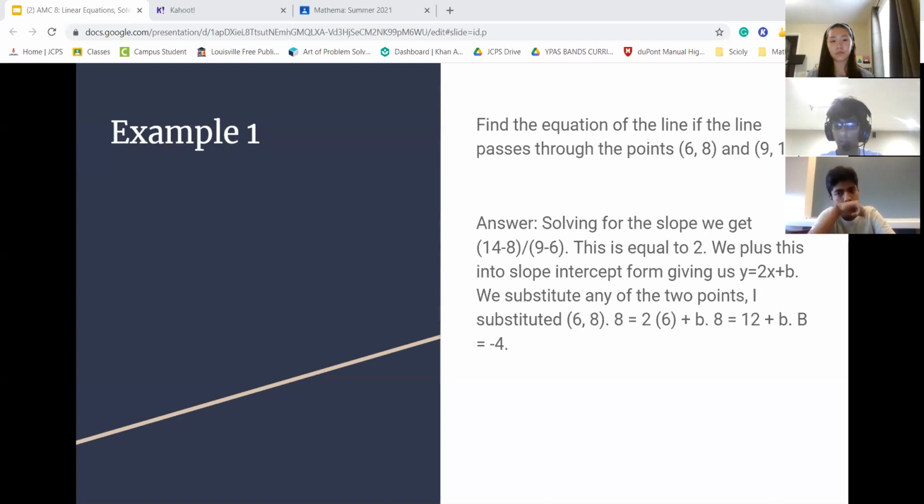Say we substitute (6, 8). We get 8 is equal to 2 times 6 plus b. So 8 is equal to 12 plus b, and b is going to be equal to -4. So our equation is y equals 2x minus 4.